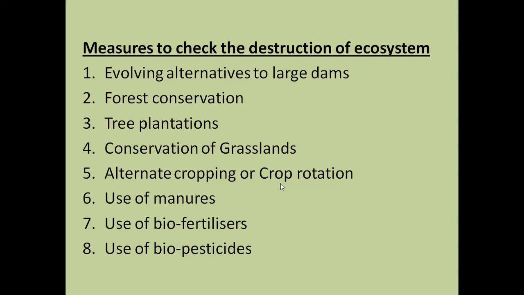So the government should take the initiative in evolving economically viable alternatives to large dams, to maintain the ecological balance and well-being of the population of the area where the dams are constructed. The government should step forward and look after this, because constructing large dams sometimes can cause problems.